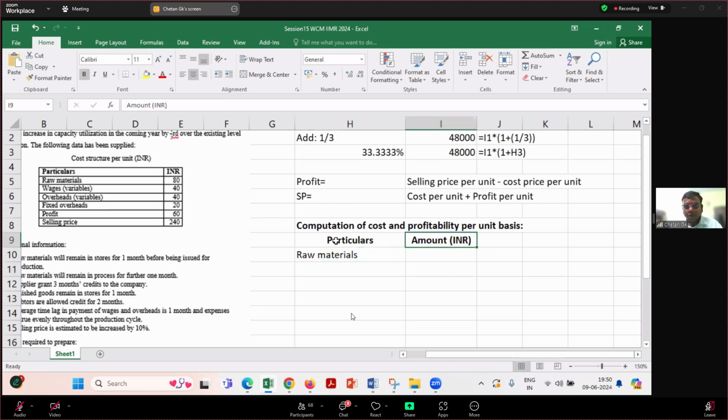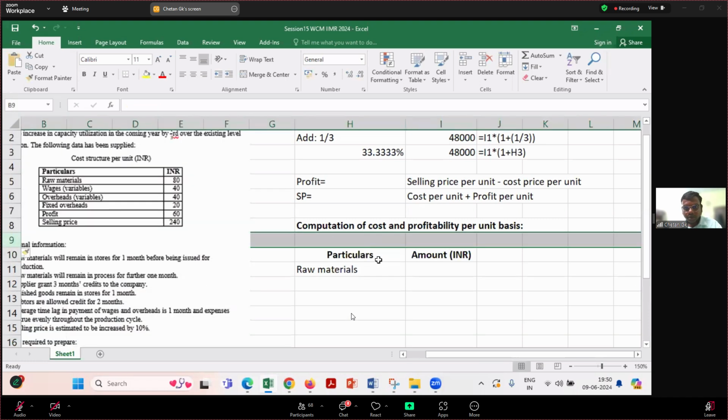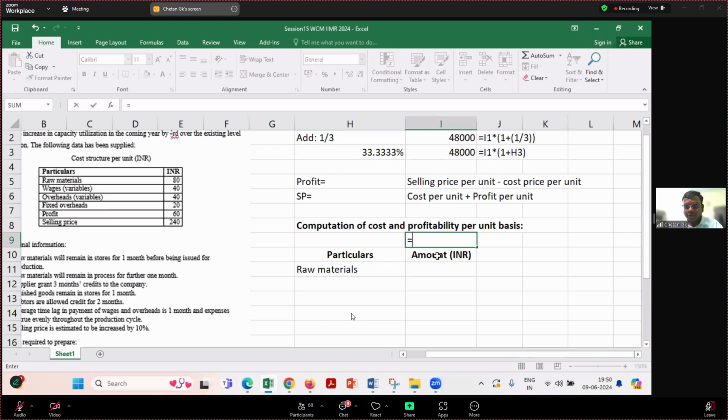Before raw material, I'll add one row here, because I'll write 48,000, since I should have information on how many units I have. I'm keeping both in different cells, because I can use the 48,000 whenever I want. Raw material per unit, how much is it? It is given as 80 rupees.